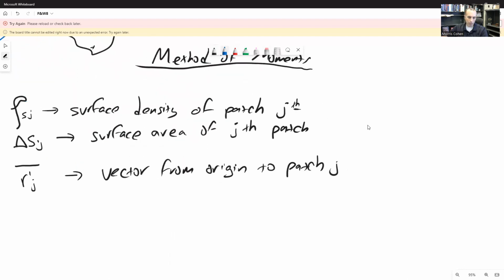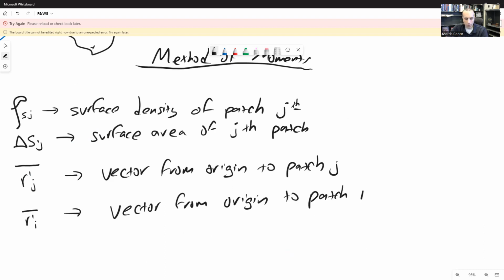And one more. We're going to have the same for i, because we're going to have two different patches in a second. So r prime i is the vector from the origin to patch i.